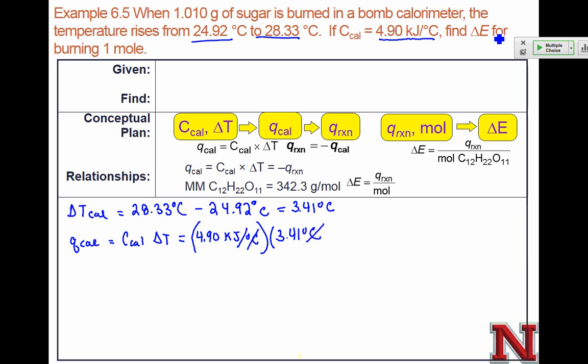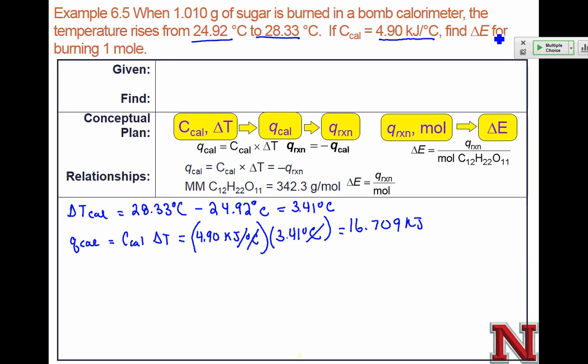Our degrees C cancel out, and notice this is going to give us kilojoules of energy because of what our C cal is in, which is kilojoules per degree Celsius. So watch your units of that constant. So that gives us a Q of positive 16.709 kilojoules, and that makes sense because our temperature is increasing.